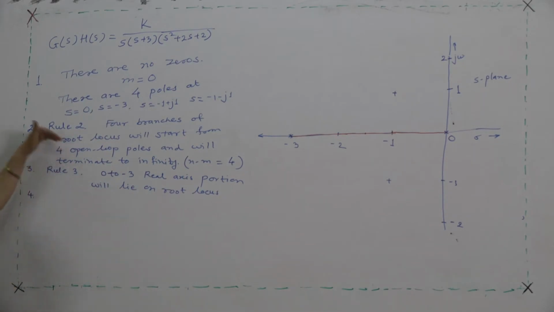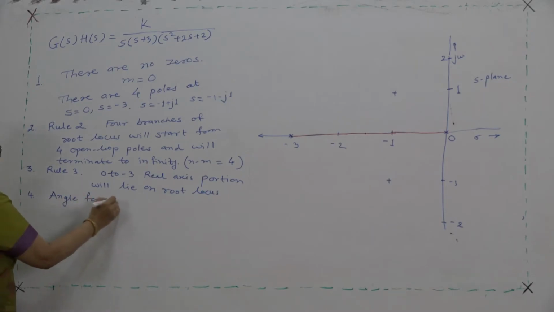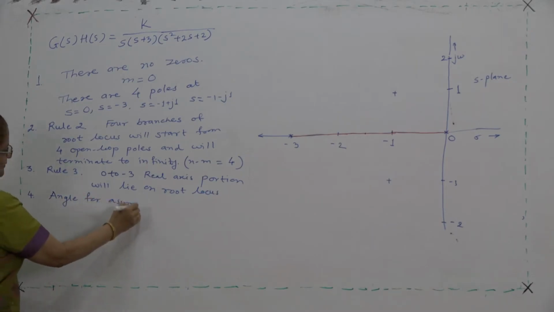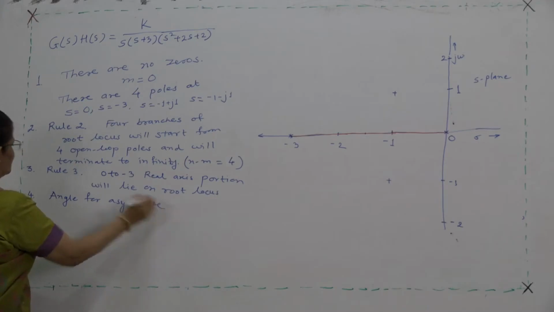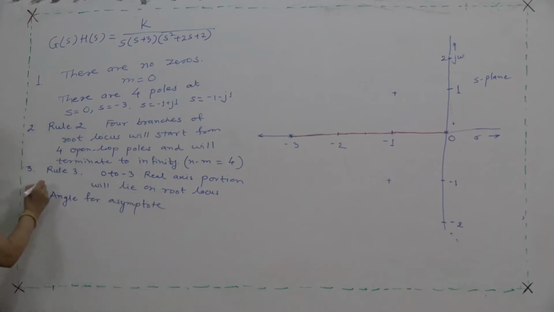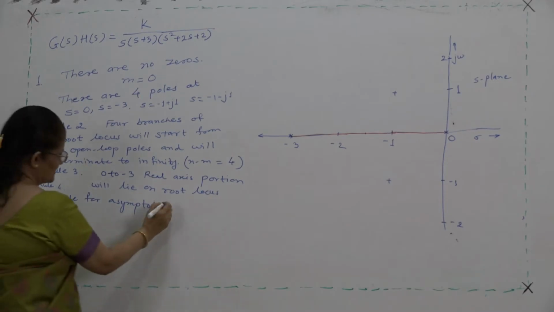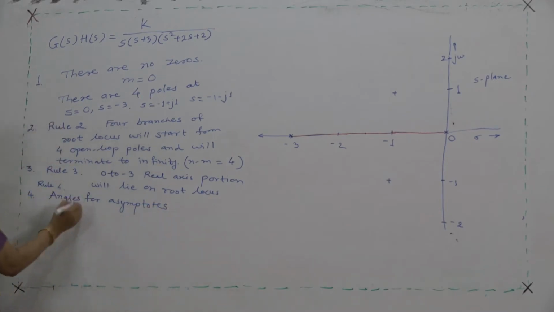The 4 branches which started from the open loop poles will go towards infinity following the asymptotes. So this is your rule 4: angle for asymptotes.